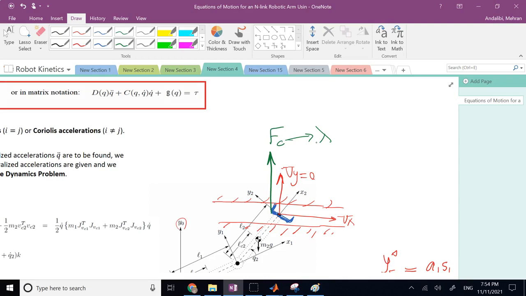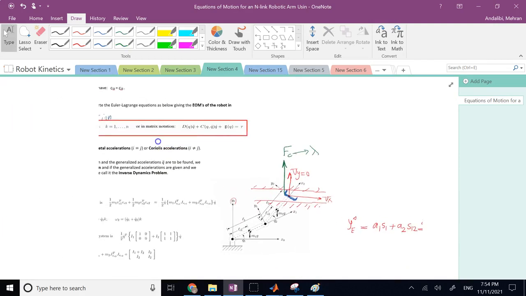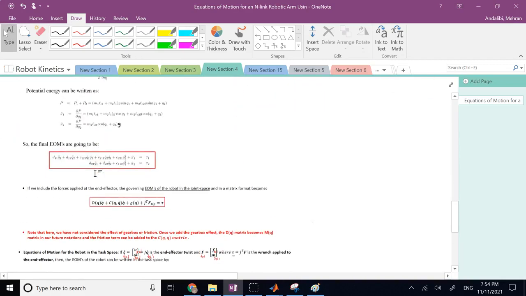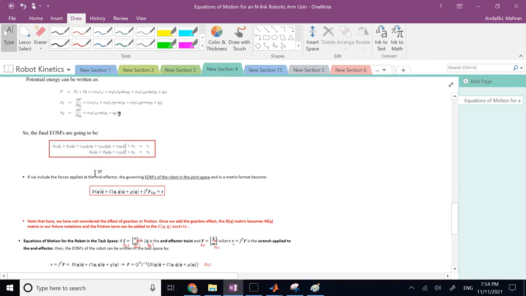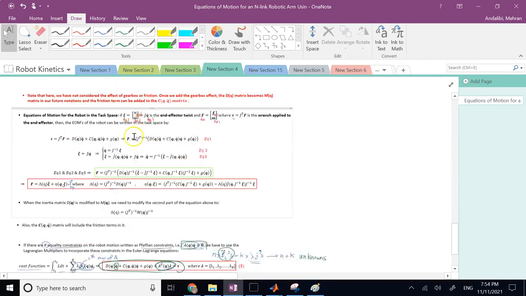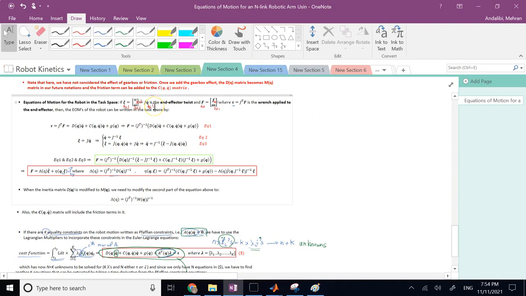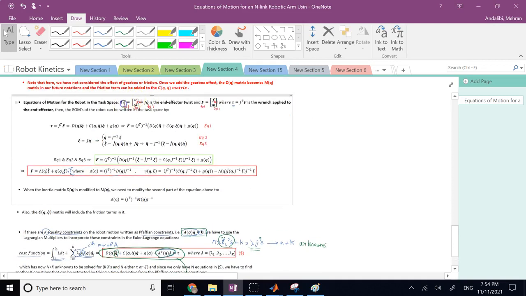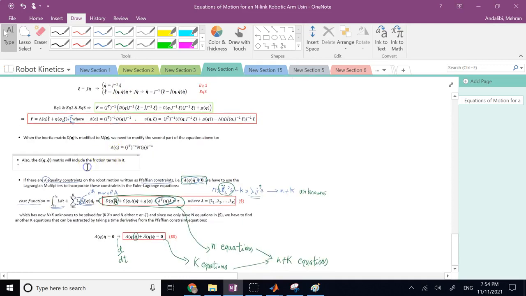Okay, so hopefully this video was beneficial to you and you learned how to handle some extra scenario cases. The case where there is some extra force at the end effector that you are applying to the environment or the environment is applying to you. What's the equation in the task space, and what are going to be the equations if we have some constraints.